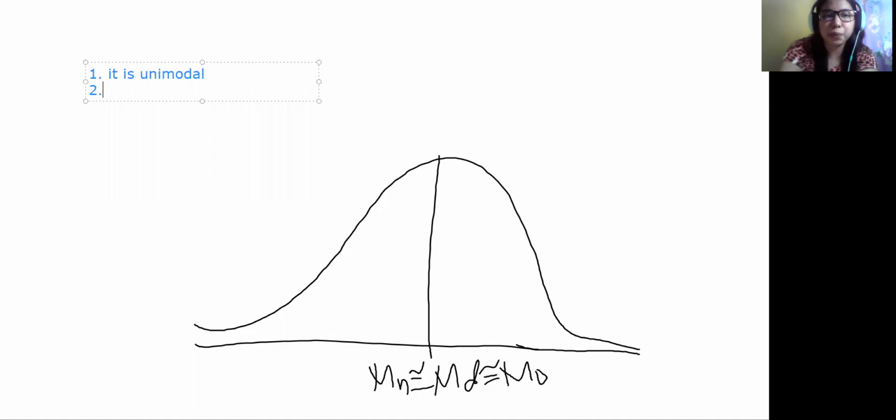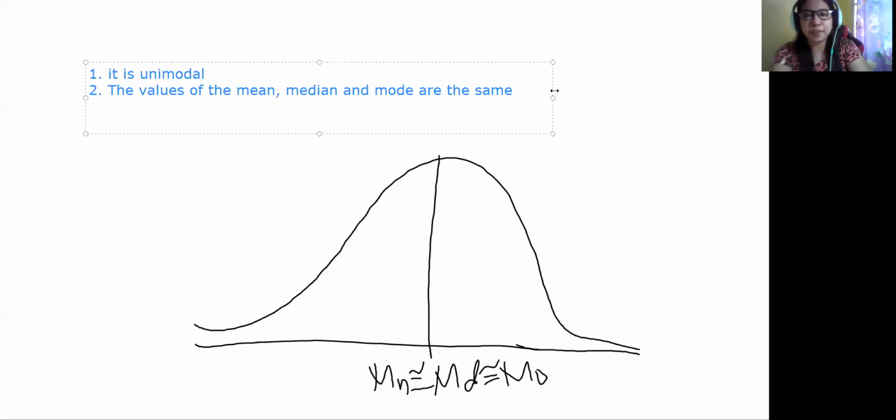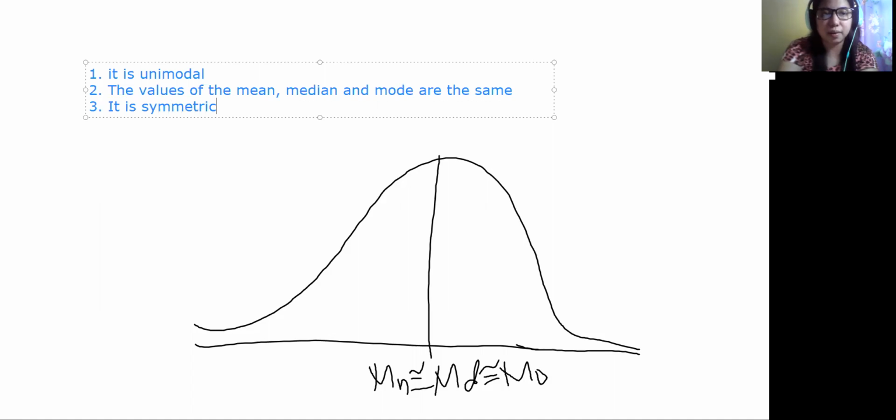So number 2, the values of the mean, median, and mode are the same, and our graph is symmetrical. So the left side is the same as the right side.